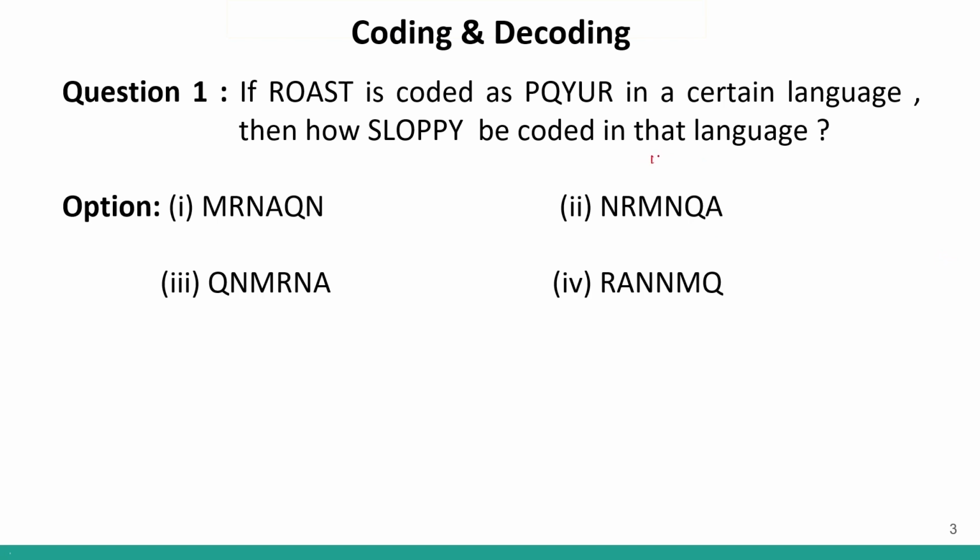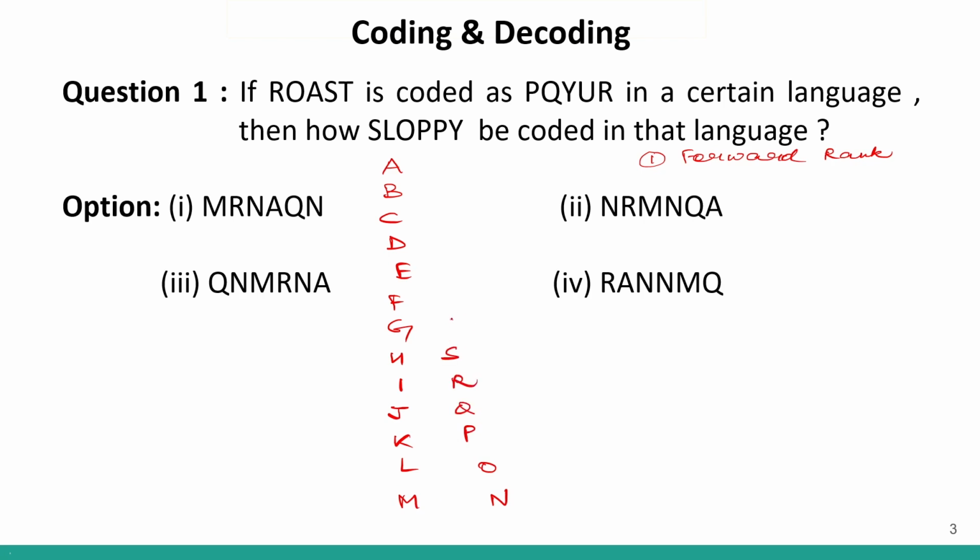The first concept is of forward rank. What do you mean by forward ranks? Basically, each alphabet is given a rank from 1 to 26 in increasing order. That means if these are our alphabets A, B, C, D, E, F, G, H, I, J, K, L, M, N, O, P, Q, R, S, T, U, V, W, X, Y, and Z, we give them rank in increasing order.